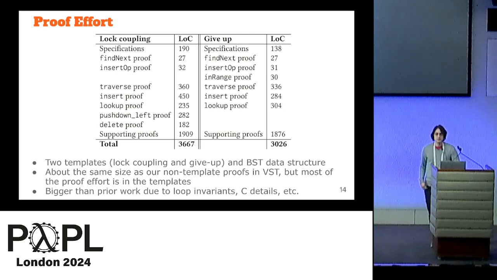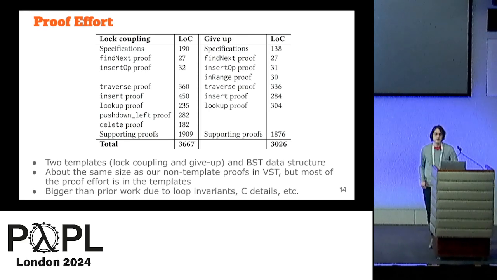And the total size of the proofs was about the same as the size of the proof that we did for a non-templated verified binary search tree with hand-over-hand locking, which doesn't sound good, but actually we think is a pretty big win, because since most of that effort was in the concurrency template, if we wanted to then verify another data structure, we should be able to reuse a very large amount of that proof effort.